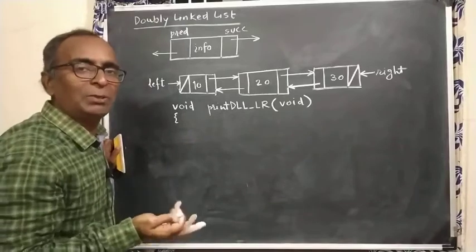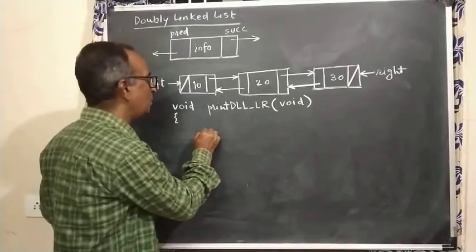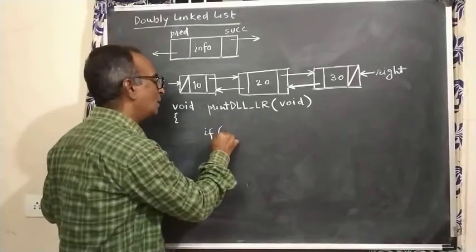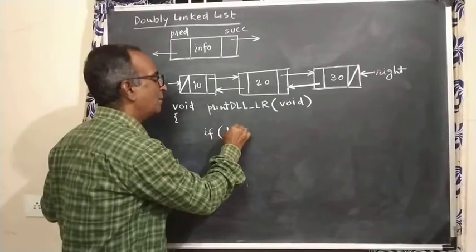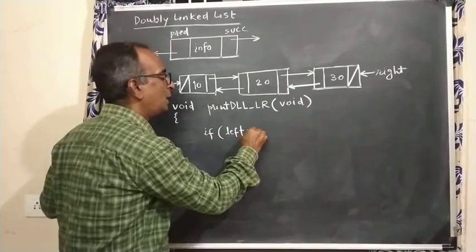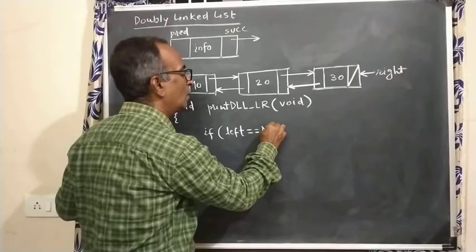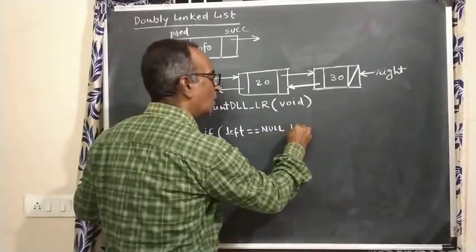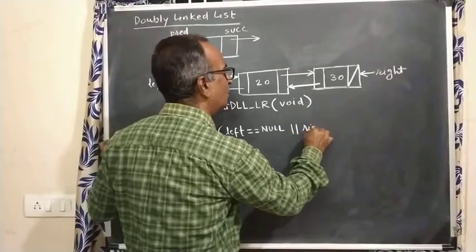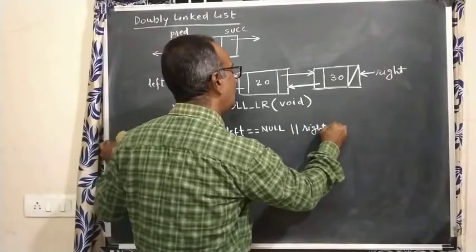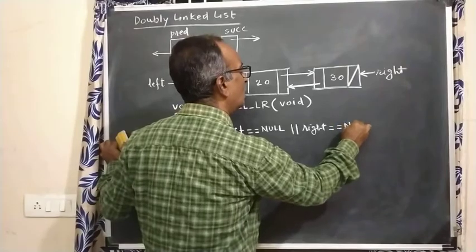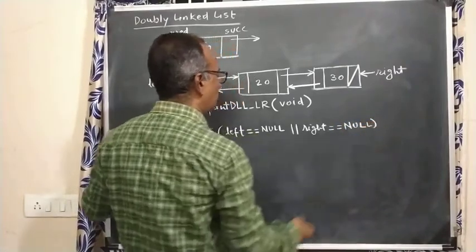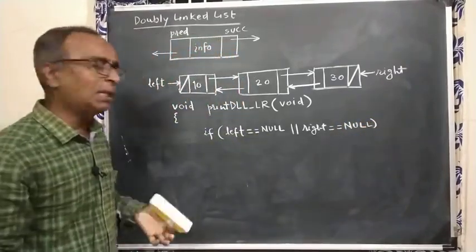If the list is empty, this function cannot print. So you can check if left is equal to null, or if right is equal to null. This is the condition for an empty list.